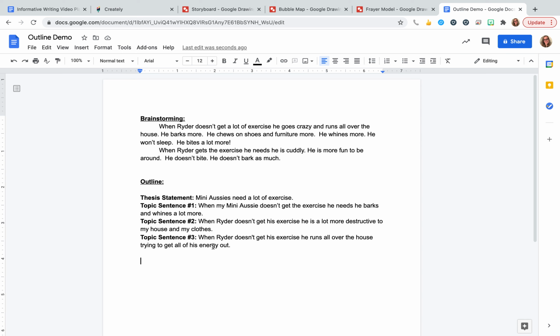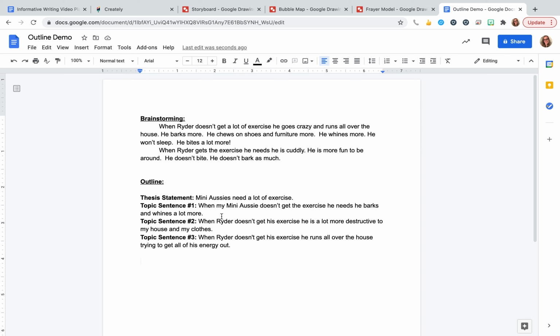So if I keep that in mind, I can keep these sentences personal and keep them about my own mini Australian Shepherd, and then link my personal connection to my dog to the bigger picture of what can happen with all Australian Shepherds.